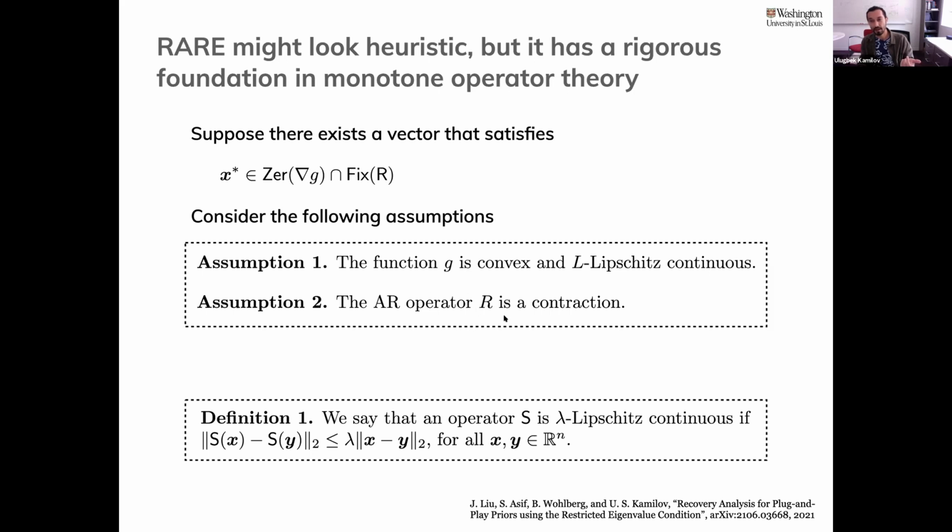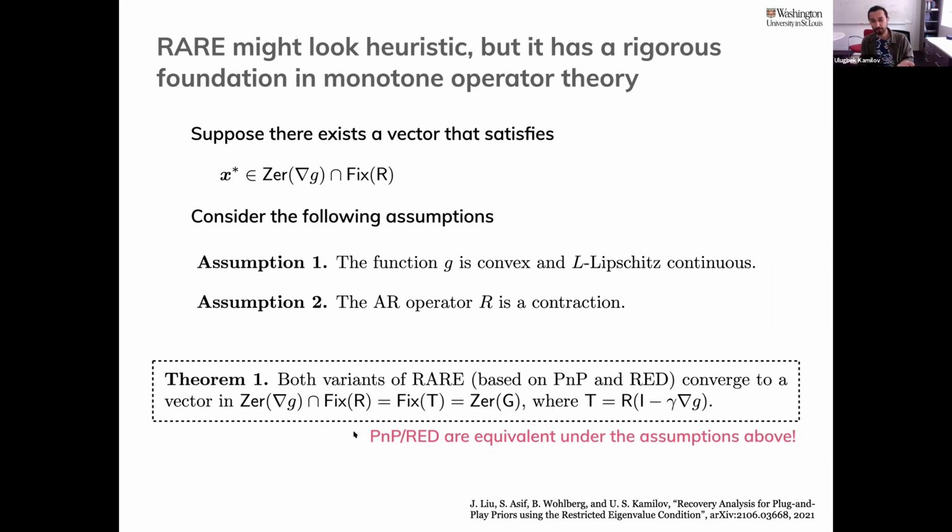Okay, so the R operator is a contraction, and Lipschitz continuous, I guess many people know, simply means that the difference of the outputs is bounded by the difference of the inputs. So if you do this, plug and play and RED will both converge to a vector at the intersection of the sets, meaning converge to a vector of this form.